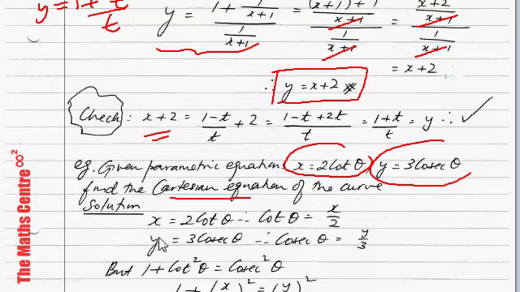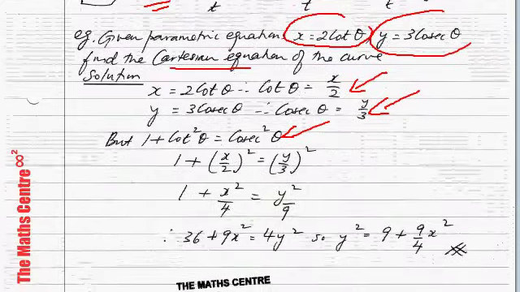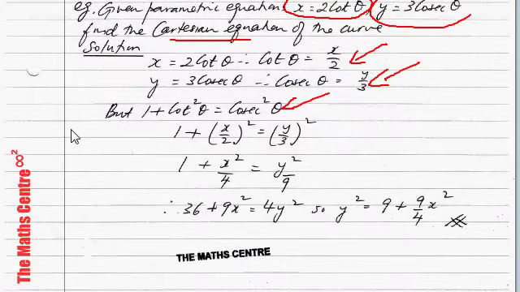So x equals 2 cotangent theta, so cotangent theta equals x over 2, and y is 3 cosecant theta, so cosecant theta is y over 3. Now we know this identity from basic trigonometry. We know that 1 plus cotangent squared theta equals cosecant squared theta. So that's what we are going to use.